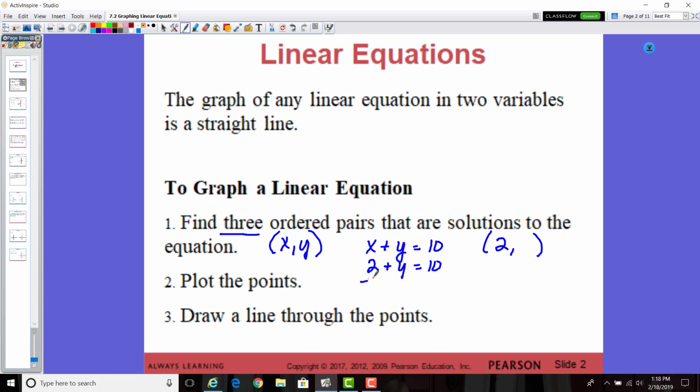X is 2. I can use my inverse operations to solve that equation for y. So for this equation right here, if x is 2, my y value has to be 8. I can plot that point on my x and y coordinate plane. Once I find another one, I'll be able to connect those and make a line.